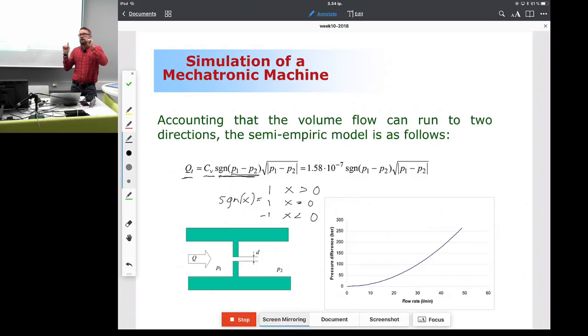I cannot do that using this delta p, because the delta p is under the square root, and I want a positive value under the square root. I don't want to deal with imaginary numbers. So the delta p under the square root, I have to make sure always provides positive values. Okay? Closed.